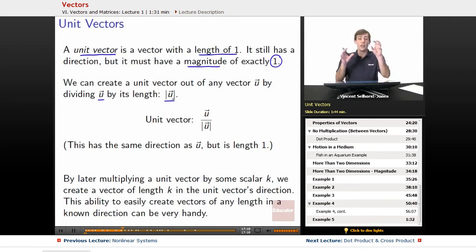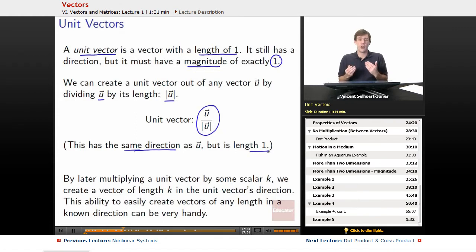So we divide by that, and we've scaled it back to what it would be if it was just at a length of 1. So our unit vector is the original vector divided by the length of the vector. This is the same direction as u, so it will be in the same direction, but it'll have a length of 1.